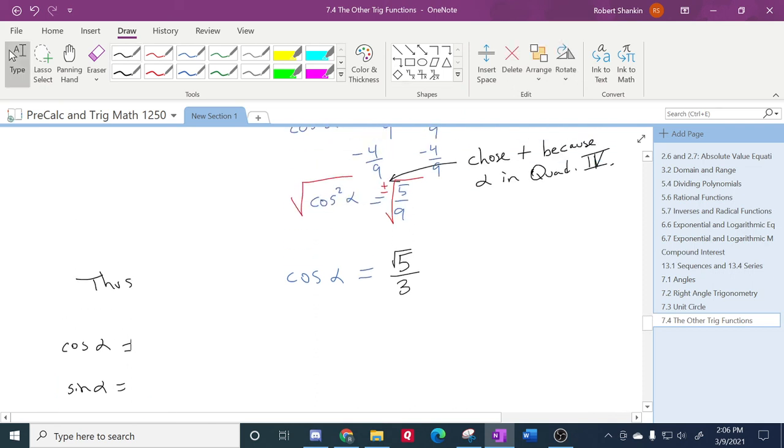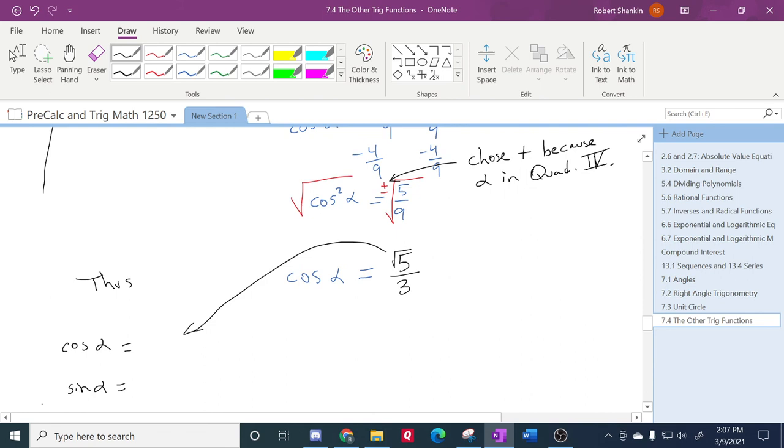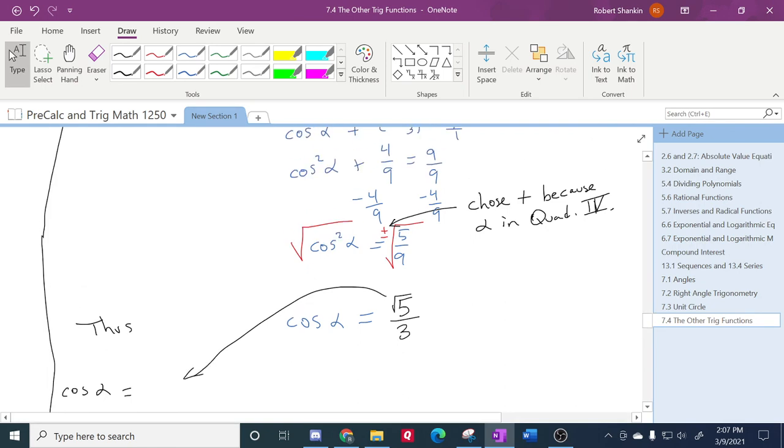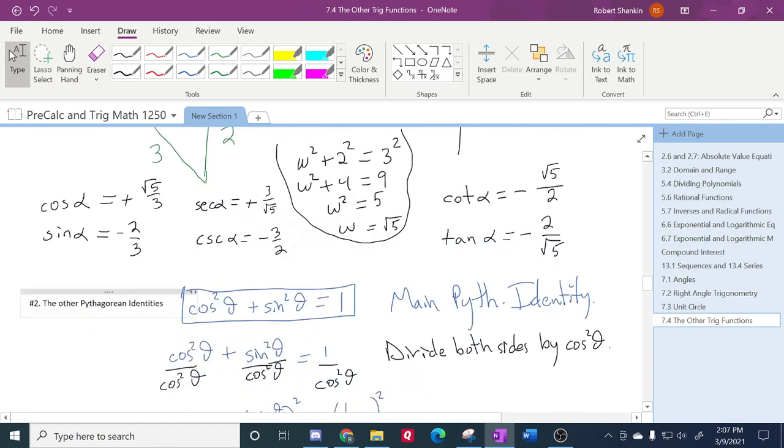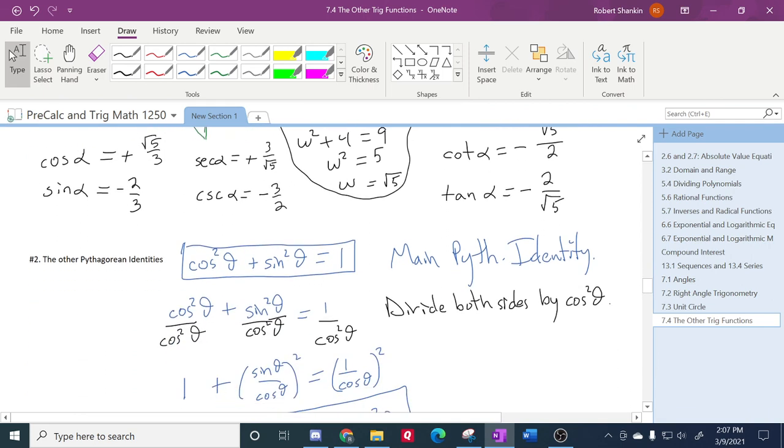We transfer this right there. We do this. Bring it down. Put it here. And then you can get all the other trig functions. But notice we'd get square root of 5 over 3. What had we gotten before? Square root of 5 over 3. Negative 2. We'd get exactly the same values.